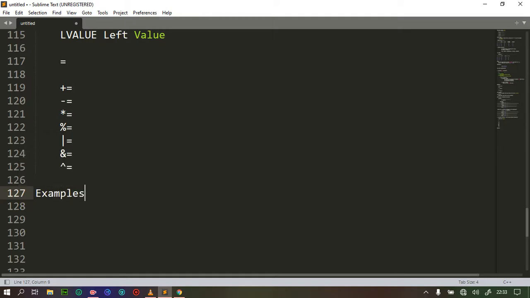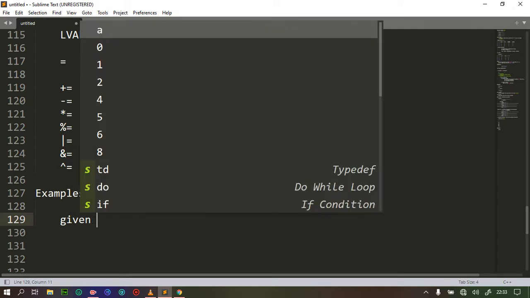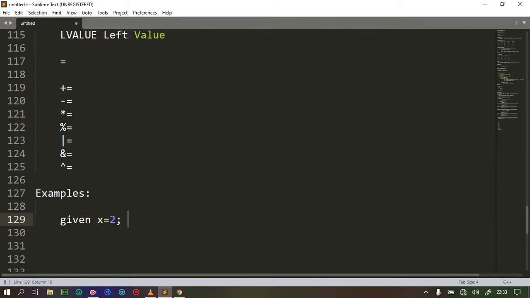What do I mean? Examples. Given x is assigned 2 and y is assigned 4. Guys, do you hear how I'm saying it? I'm saying x is assigned 2 and y is assigned 4. So what does it mean?